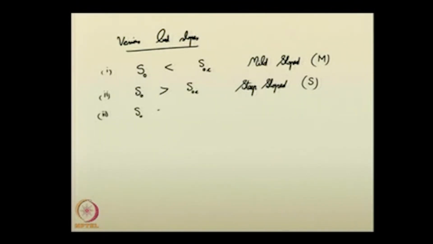If your actual bed slope is equal to the critical slope, then such channels are called critically sloped channels.